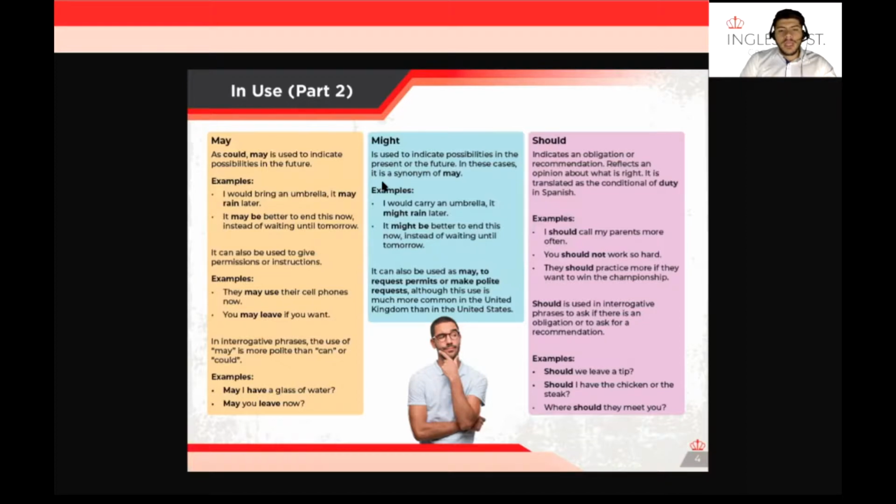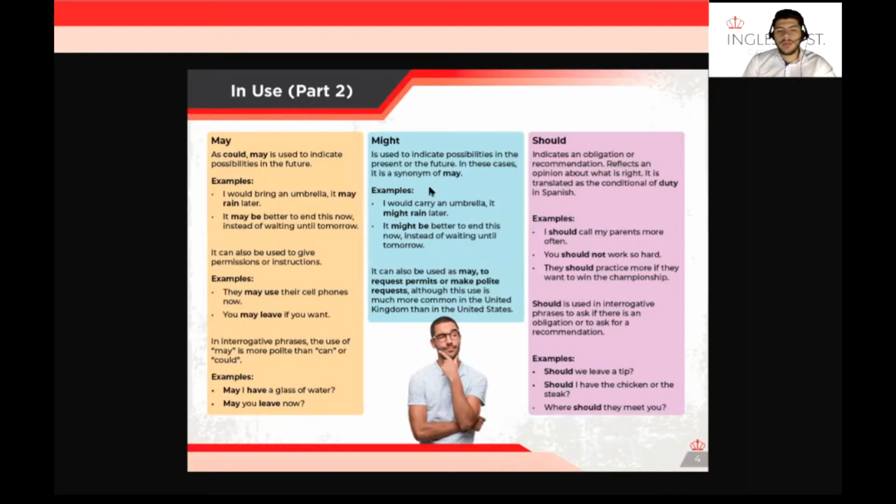And as it says here, it can also be used like may to request permission or make polite requests. Also, this use is much more common in the United Kingdom than in the United States. So what it says here is that they use might a lot more in British English than in American English. But as I told you, they are basically the same. May and might are very, very similar.